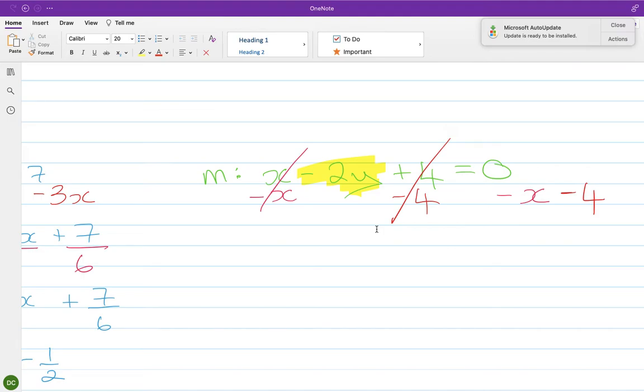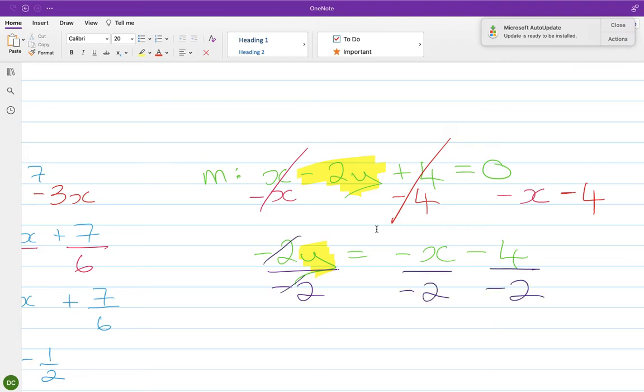That leaves us with minus 2y equals minus x minus 4. To separate the y from the minus 2, I will need to divide by minus 2. But then I'll need to divide here by minus 2, and I'll need to divide here by minus 2.